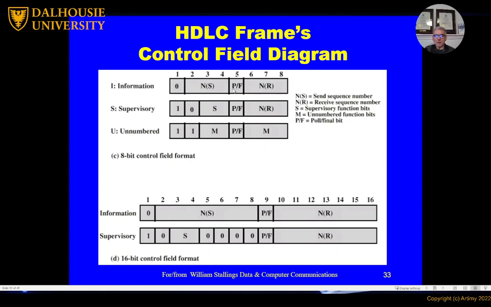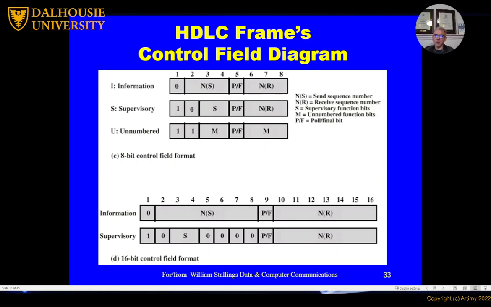So let's take a look at the first scenario. If the first bit in the control field is 0, we will call this an information frame. And the information frame is a regular frame that carries data, right? So we will see here that we have 3 bits of the sequence number. These are used to number the frames.